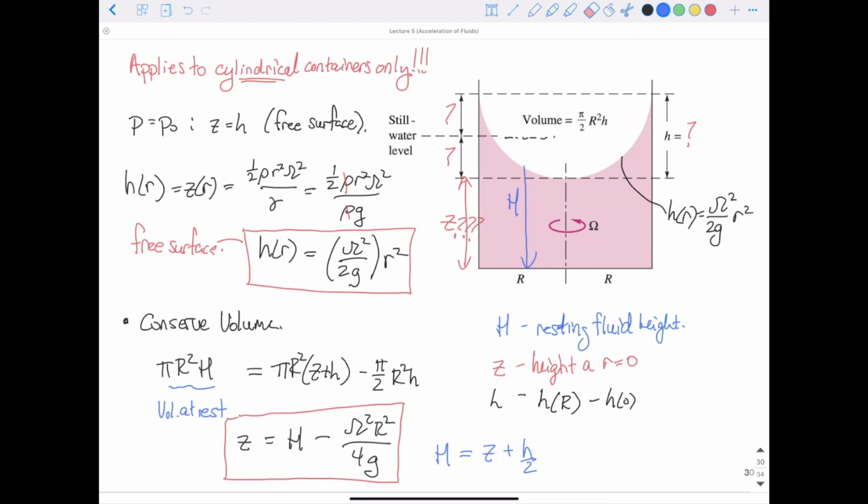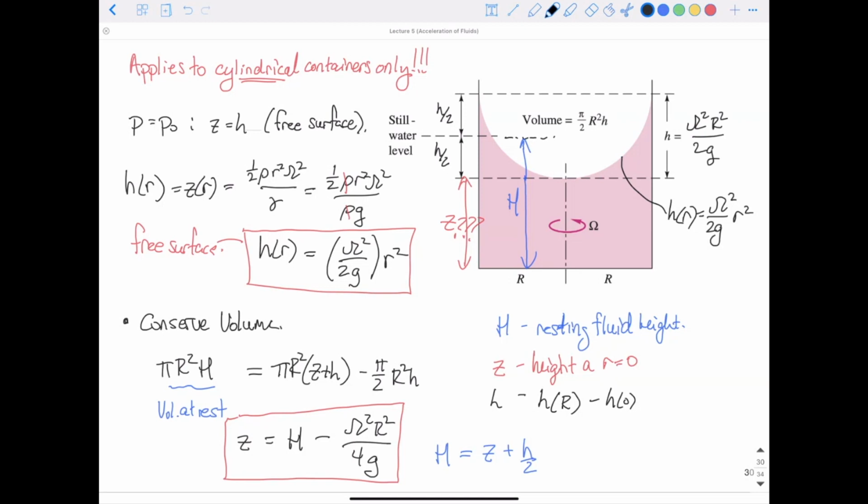If h goes right to this line here, these two quantities at the side become h over 2, h over 2. And then our equation for h becomes omega squared r squared over 2g.